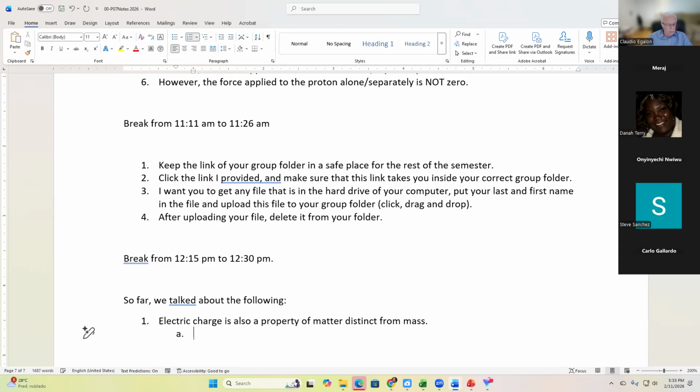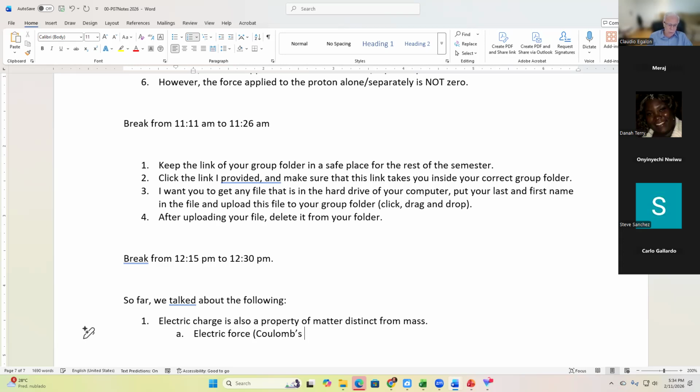What else did we talk about? We talked about the electric force. Electric charges exert forces between each other. If a charge is neutral, though, no electric force is exerted on this charge. And that's what Coulomb's law is all about.